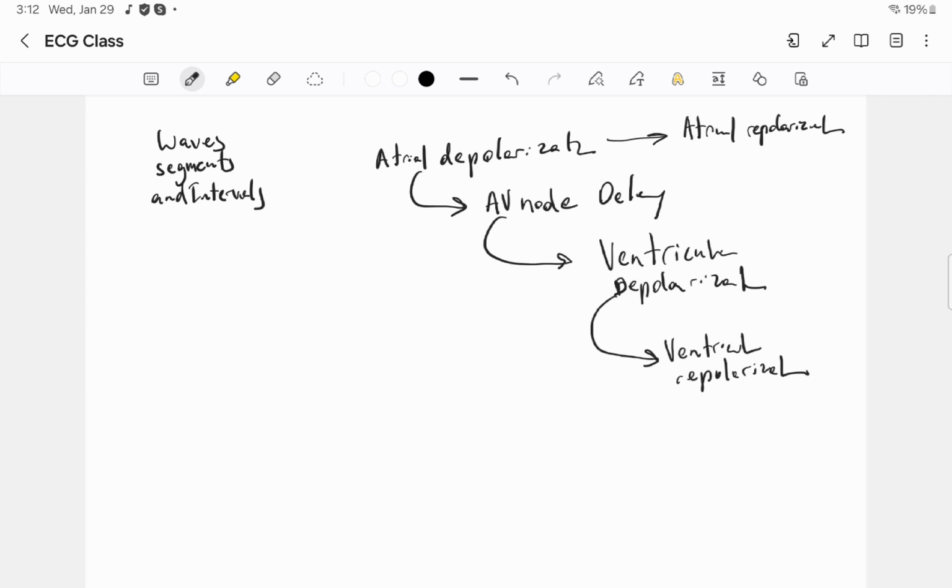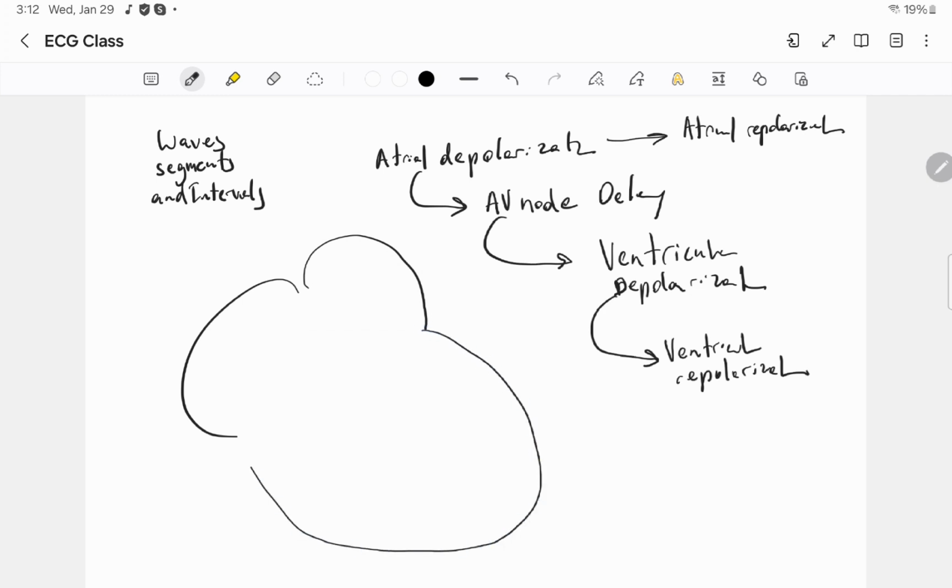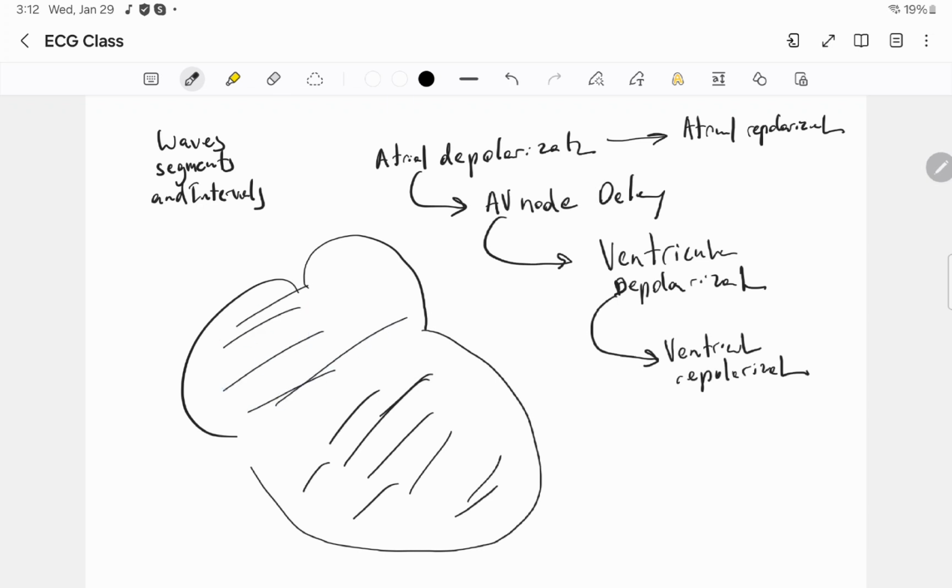So early on, I'd like to say that atrial repolarization is not reliably seen on the ECG for two reasons. If this, again, is the heart, you can see that the ventricular tissue is much larger than the atrial tissue. And due to this, when the atrium is repolarizing, it tends to be obscured by the vector caused by ventricular depolarization.